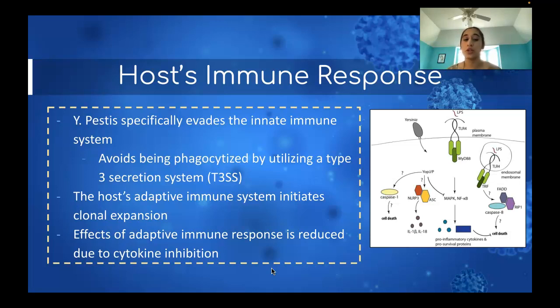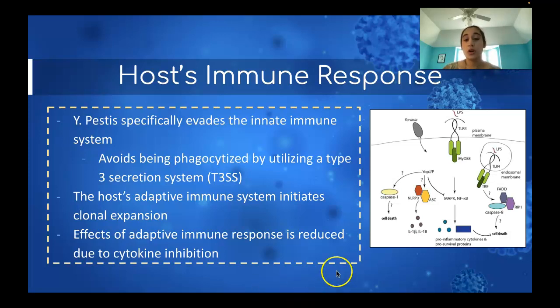And this tries to increase the host's immunological memory to this bacteria, but since Yersinia pestis is so rapid at multiplying and the adaptive immune system can't keep up, the pathogen eventually will take over if this is like the first time the host has seen it, the first exposure to this bacteria, and if it's not treated quickly. So it's very, very good at almost completely evading the immune system.